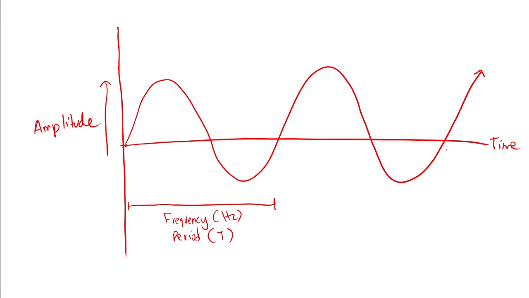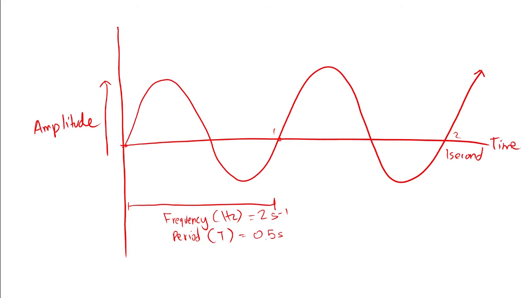So if this was 1 second to here, and we had 1 cycle, 2 cycles, so we have 2 cycles per second. So the period is half a second. And the frequency is 2, because we have 2 per second. So that's seconds to the -1. Makes sense so far?